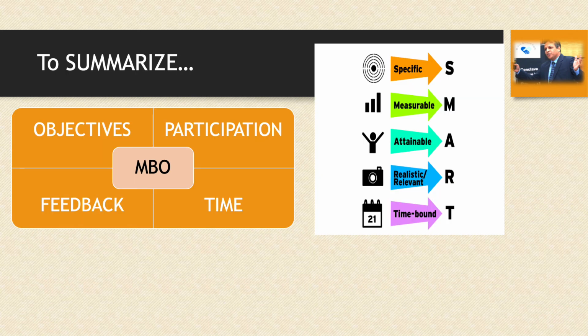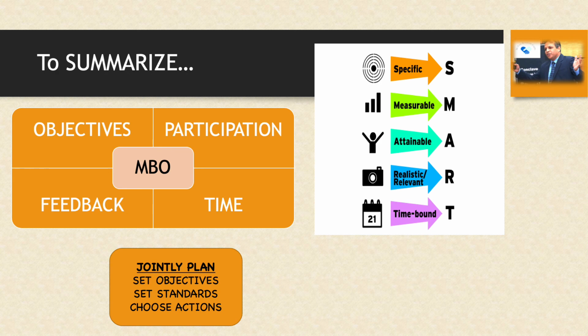So we summarize. The 4 ingredients of MBO are objectives, participation, the time period, and feedback. For an objective, it has to be SMART: specific, measurable, attainable, realistic, relevant, and time bound.